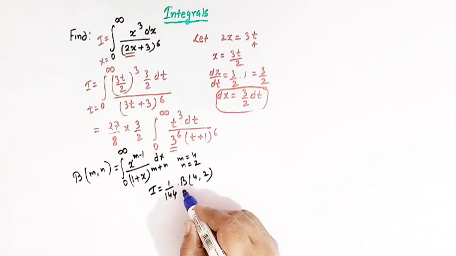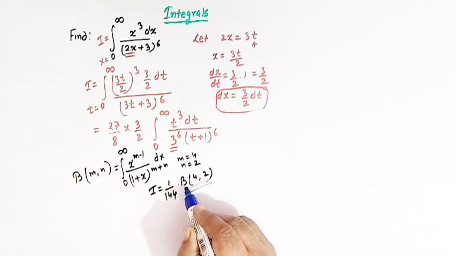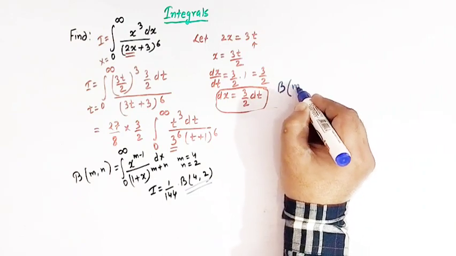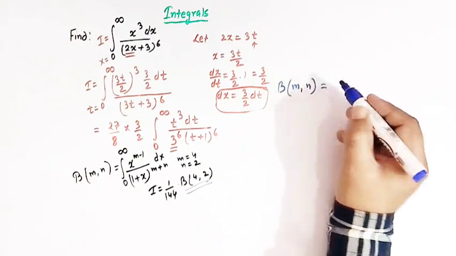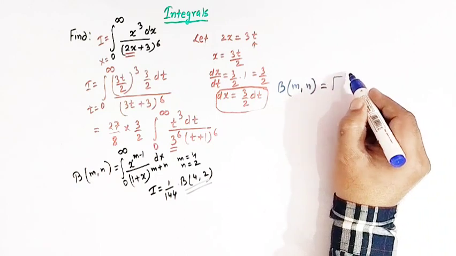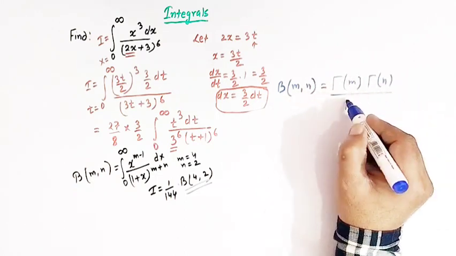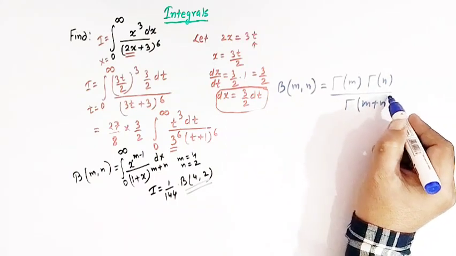So now viewers, we have to find out the value of beta of 4 comma 2. We know that beta of m, n is defined in terms of the gamma function, that is gamma of m, gamma of n divided by gamma of m plus n.